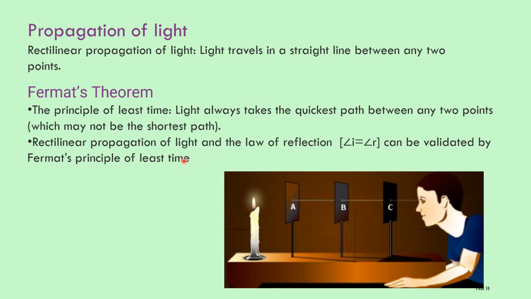Rectilinear propagation of light and the law of reflection, angle I equal to angle R, the angle of incidence equal to the angle of reflection, can be validated by Fermat's principle of least time. According to this law, even though the light is traveling in a straight line, the angle of incidence is equal to the angle of reflection. This is nothing but Fermat's theorem.